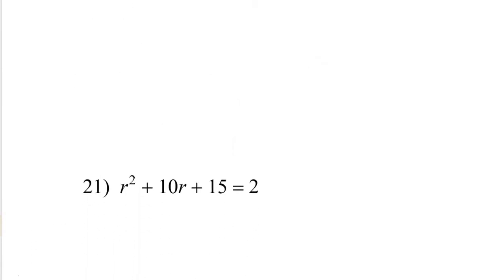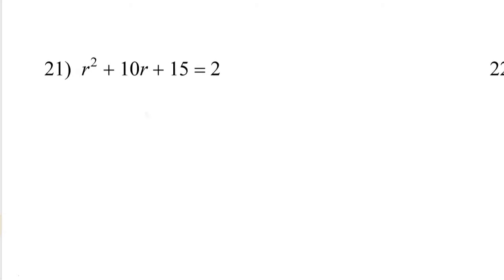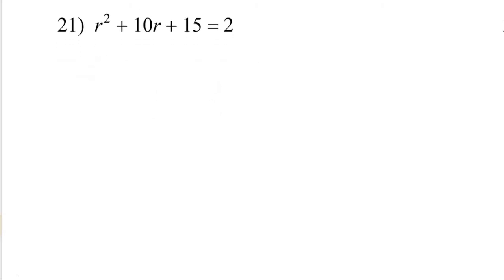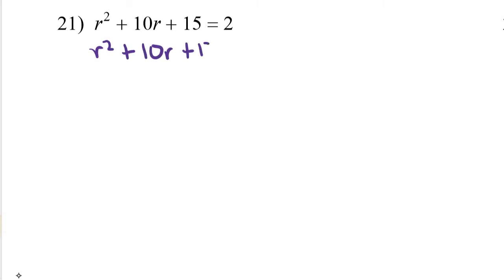Let's see, number 21. So if you have this, there is a number on both sides. So the first thing to do is, we can leave the number right there so we don't need to bother, or you can just subtract it from both sides, doesn't matter. Since you are used to having 0 on the right side, I'm just going to subtract it from both sides and leave it as 0 on both sides.